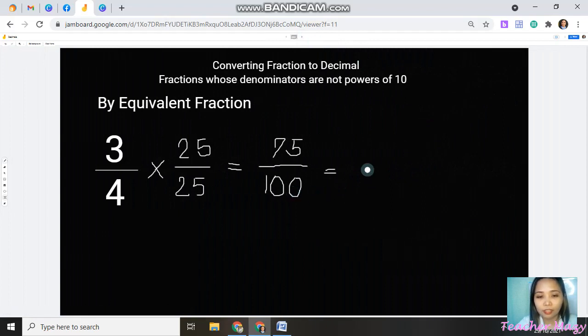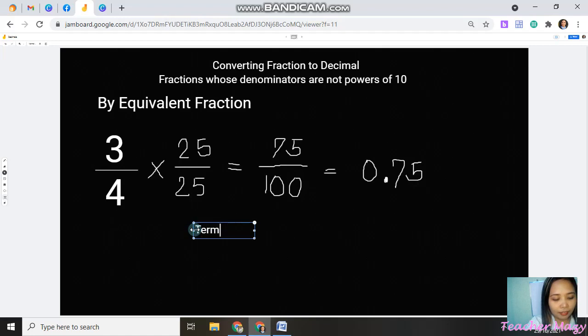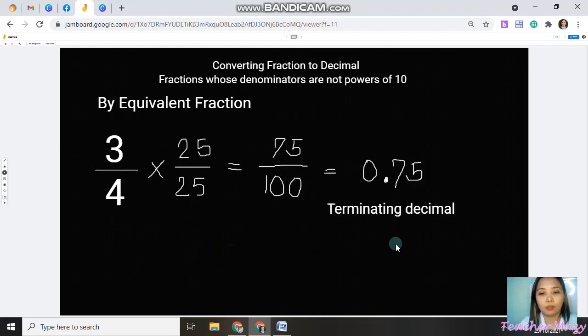So 100, so that means our decimal is in 100 places. So let's just write the numerator, 75. So this is also an example of terminating decimal. Dahil wala tayong remainder, okay, so terminating decimal. So fixed lang siya, hanggang dyan lang siya.